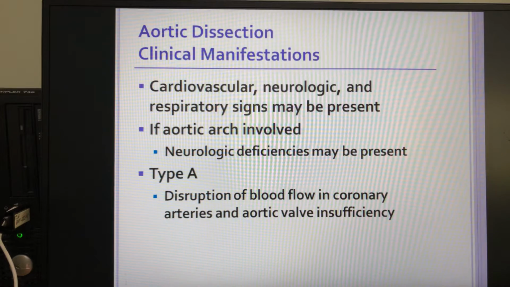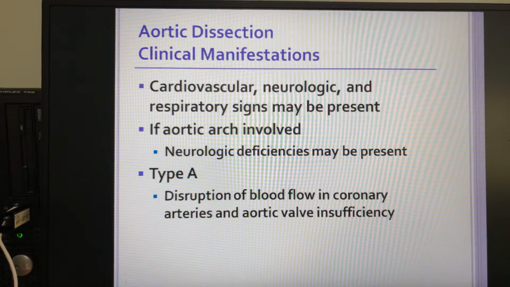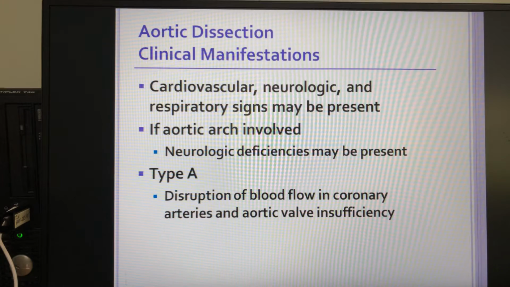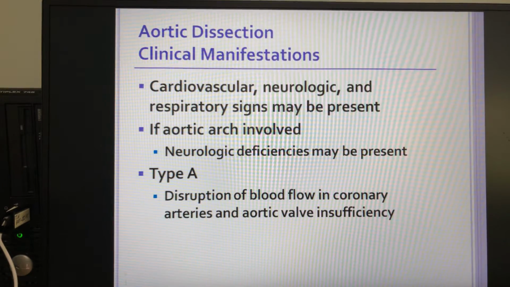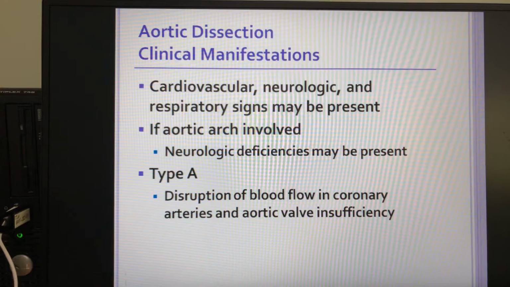So as it states here, if the aortic arch is involved, you're going to see neurologic deficiencies. And in a type A aneurysm, disruption of blood flow in the coronary arteries and aortic valve occurs, and you end up with aortic valve insufficiency.